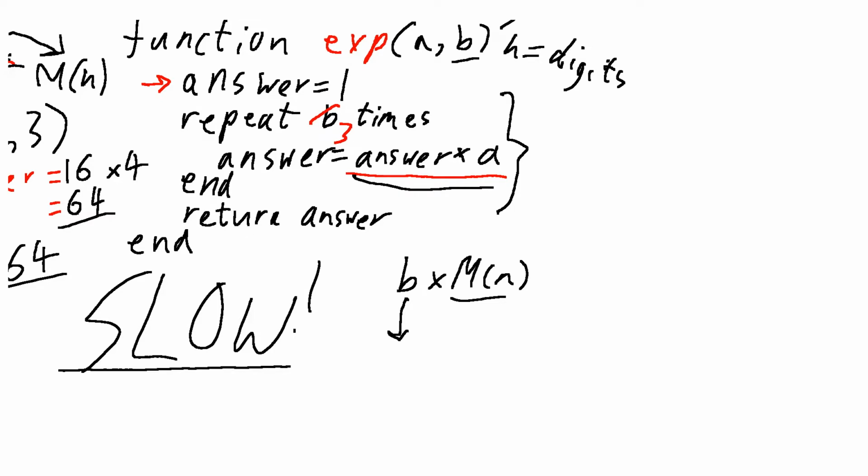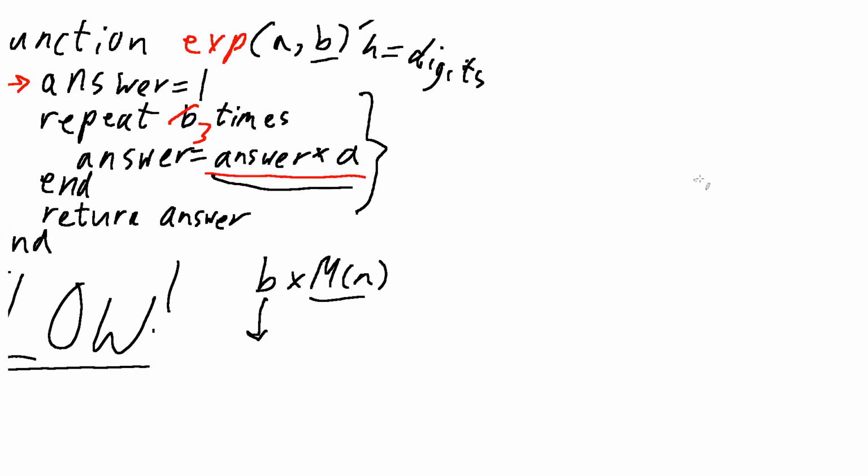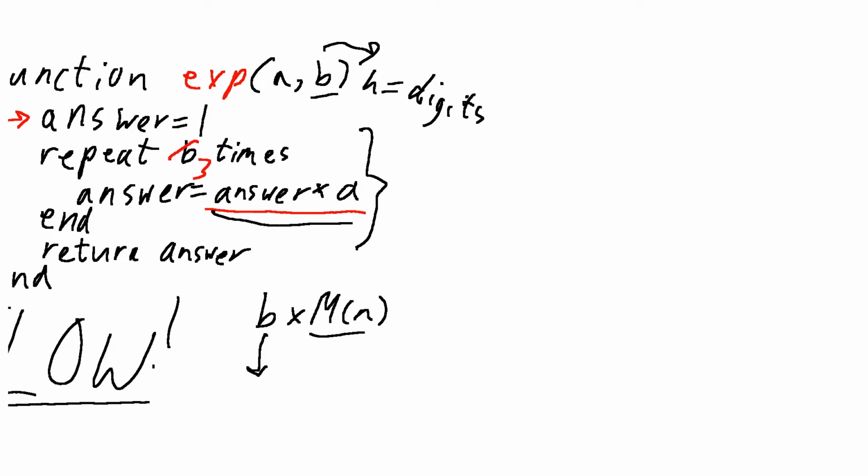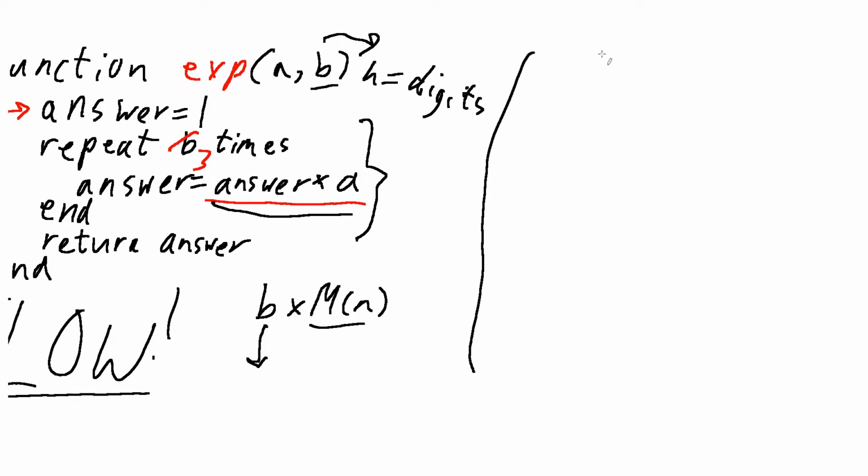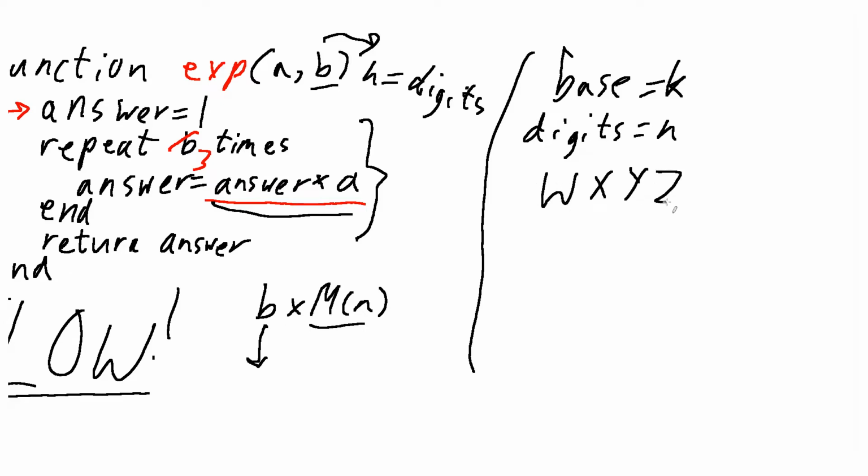In an arbitrary precision integer system, every integer will have some base. So we have a base for the arbitrary precision integer, and let's call that k. So our number has a base of k. Our number also has some amount of digits, and that's n. So let's say our number has 4 digits, and those digits, let's just call them w, x, y, and z.